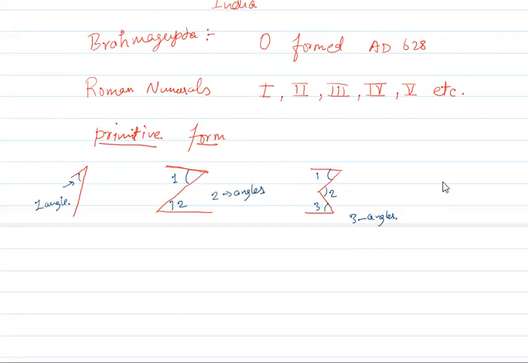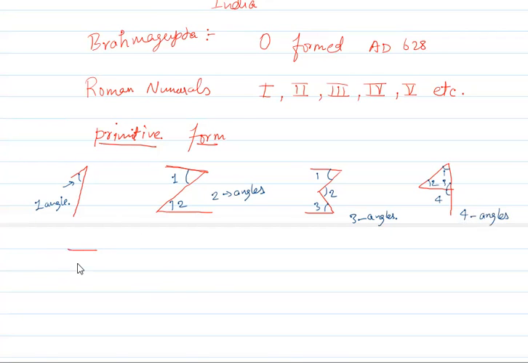Similarly, 4 looked something like this. Count the number of angles. This is 1, this is 2, this is 3, and this one is 4. So 4 angles, and therefore this symbol was used for 4.